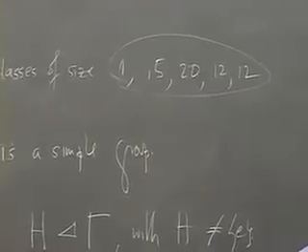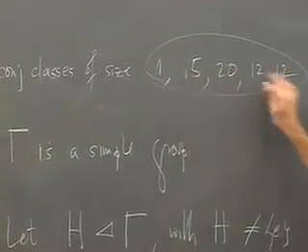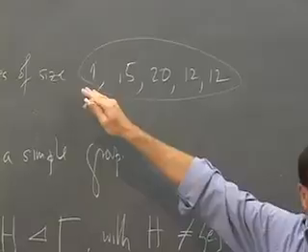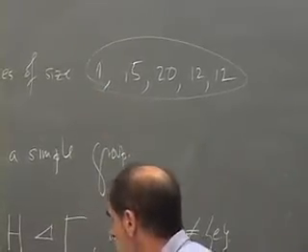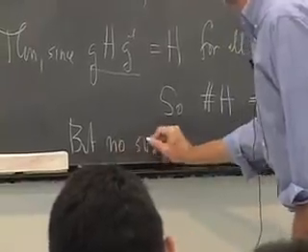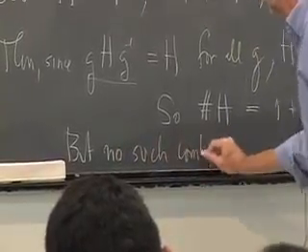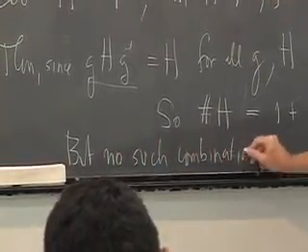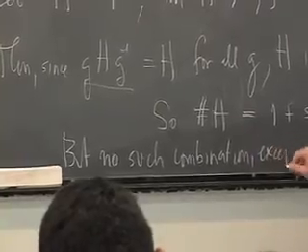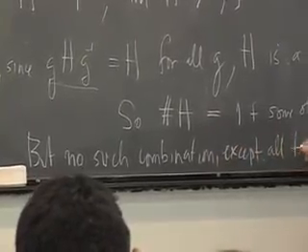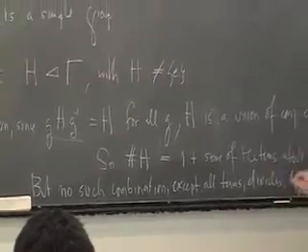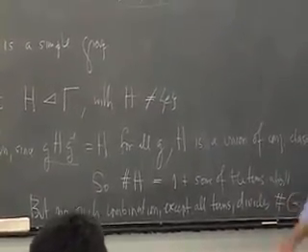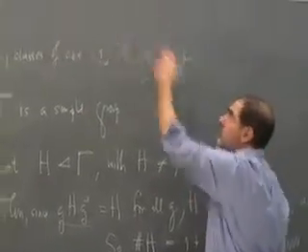But, and here's the kicker, no combination of these terms, except for all of them, divides 60. You can't select the subset and add up to something.